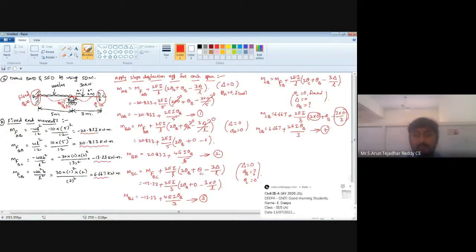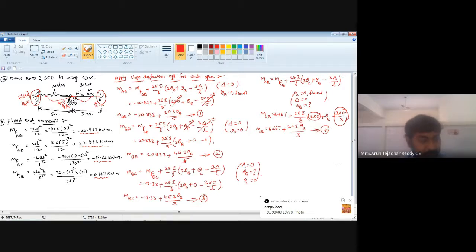So up to here we have completed 2 steps. First step is to find out fixed end moments. Second step is to apply the slope deflection equation for each span, so that is MAB, MBA, MBC, MCB.